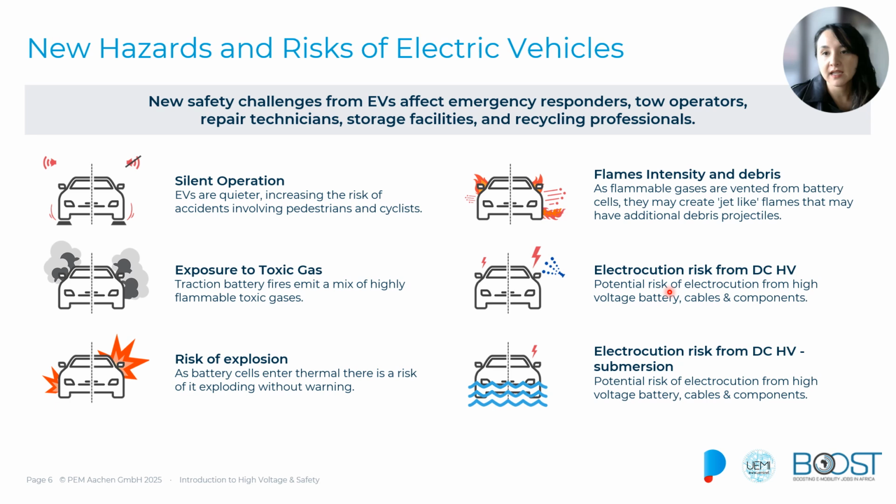And this makes the insulation, the proper grounding, and the emergency disconnect of the system absolutely essential for avoiding the risk of electrocution. Finally, we also have the risk of electrocution when the battery and the system are submerged. The interaction of water with the high voltage systems can create additional electrocution risks.